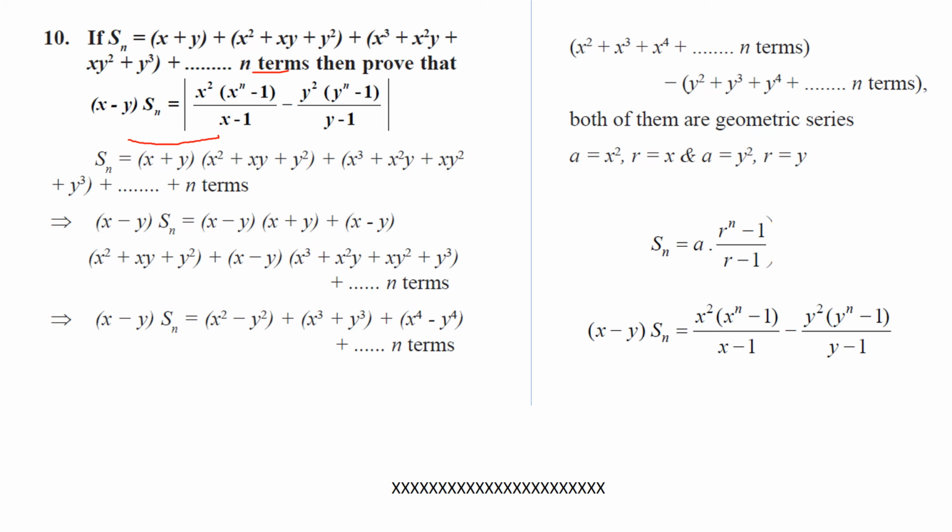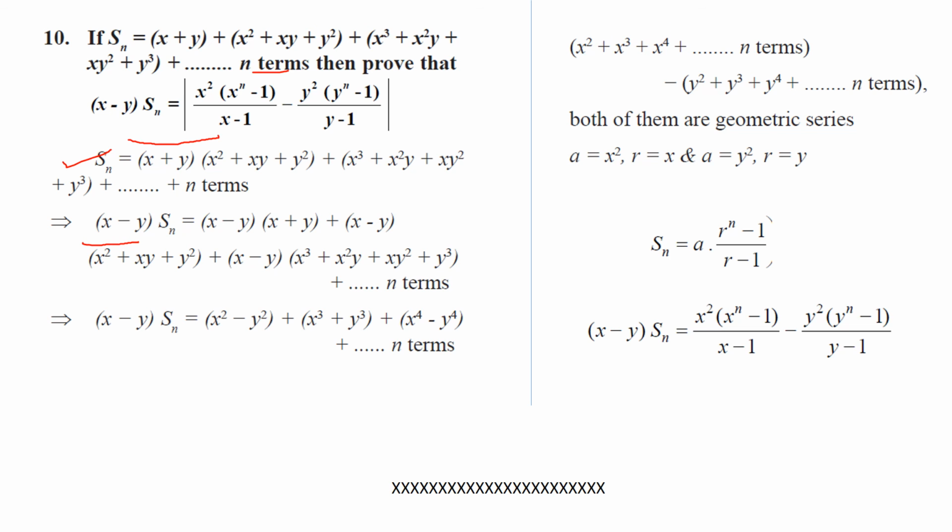First, we can write the question: Sn equal to (x plus y) plus (x squared plus xy plus y squared) plus (x cube plus x squared y plus xy squared plus y cube), etc., n terms. You multiply with x minus y on both sides.